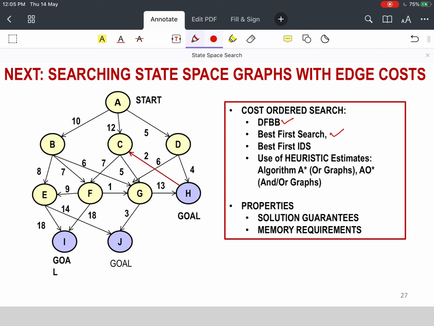Breadth first search will be converted to what is called best first search. And iterative deepening will be converted to best first iterative deepening search.